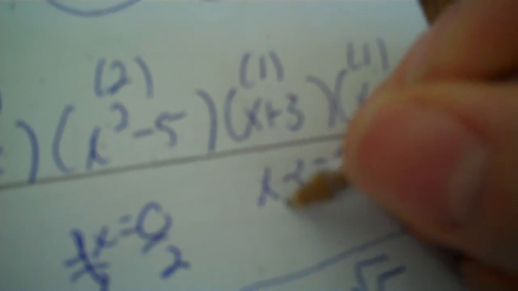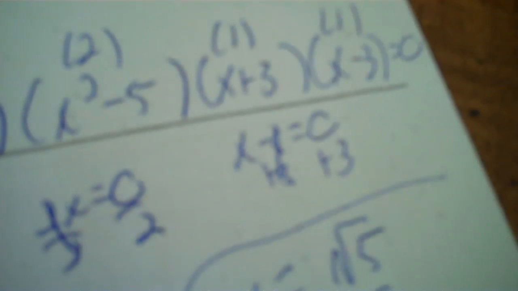Okay? Then 2x could equal 0. We just divide by 2, and we get 0. x + 3 could equal 0. We subtract 3, and we get negative 3. x - 3 equals 0. We add 3, and that's positive 3. 5 roots.